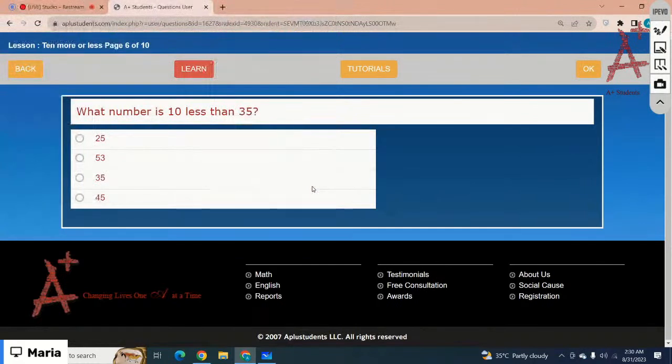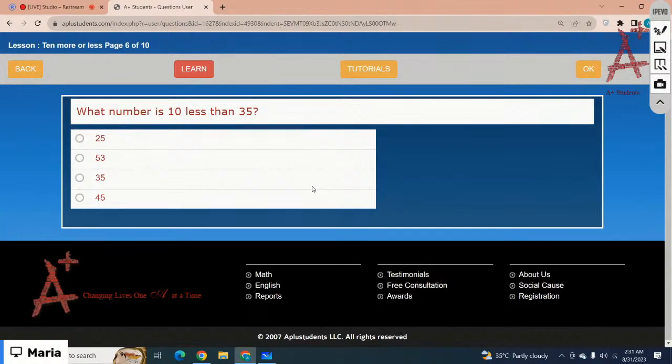Which number is 10 less than 35? So which is the correct option? That means you have to subtract 1 from the tens digit, right?